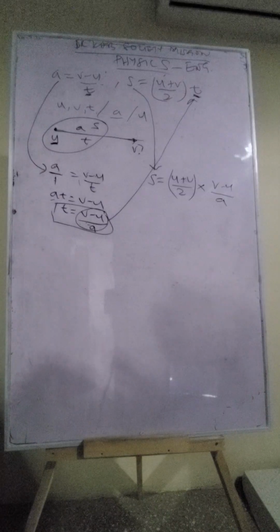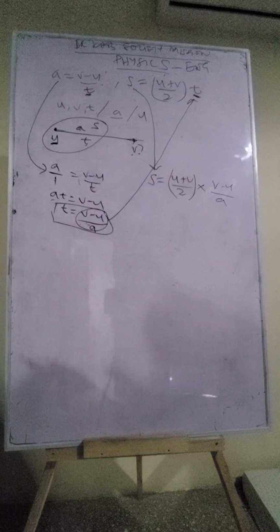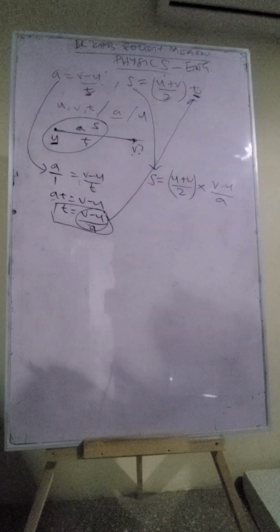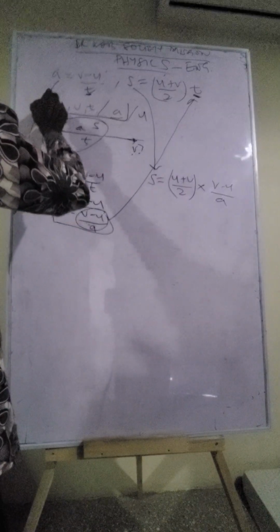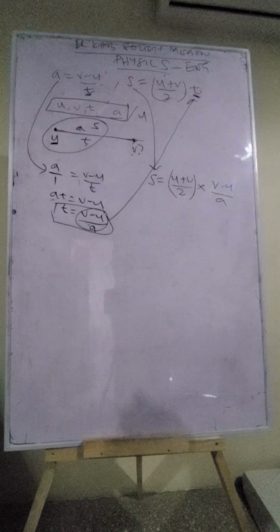So here there's no T. If you are given an equation, maybe you have U, you have A, you have S, but you are not given T, and then maybe you have V. In all we have how many variables? 1, 2, 3, 4. So we have 4 variables. You should have at least about 3 of them, or sometimes 2.